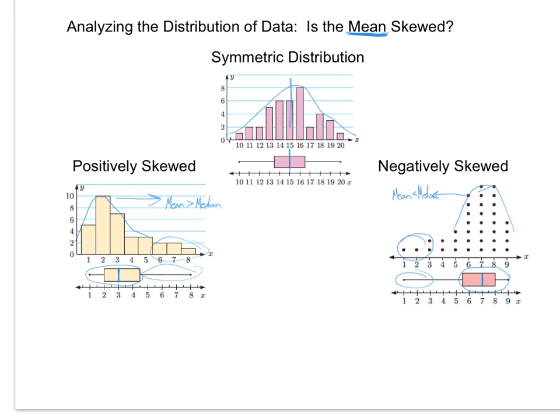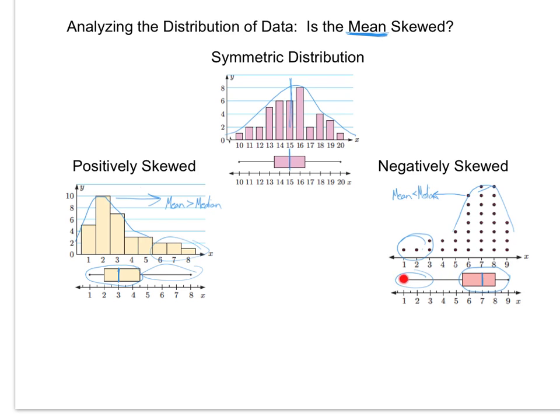On the box plot, it tends to be a little easier to recognize because you'll see on one side the whisker is a little shorter, but on the other side you've got this really long whisker. See the same thing over there. That's indicative of the idea that we've got these scores way down here that are going to pull the mean.